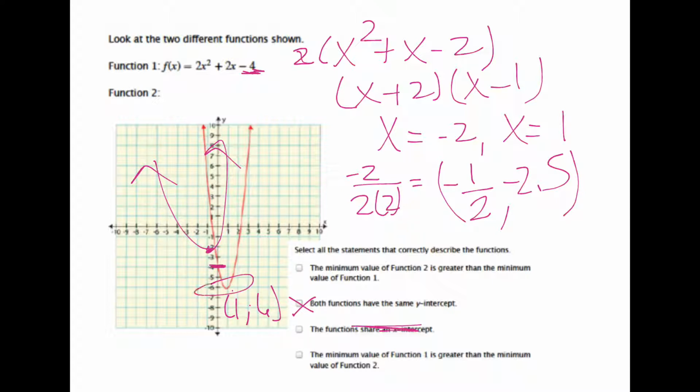Is negative 6 greater than negative 2? It's kind of tricky, but negative 6 is actually smaller than negative 2. So this one's false. The minimum value of function 1 is greater than the minimum of function 2. So is negative 2 greater than negative 6? Yes. So it's these two right here.